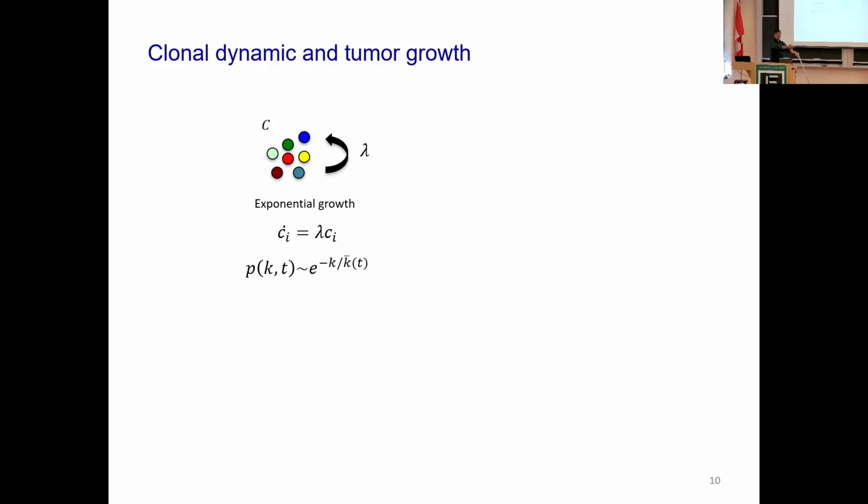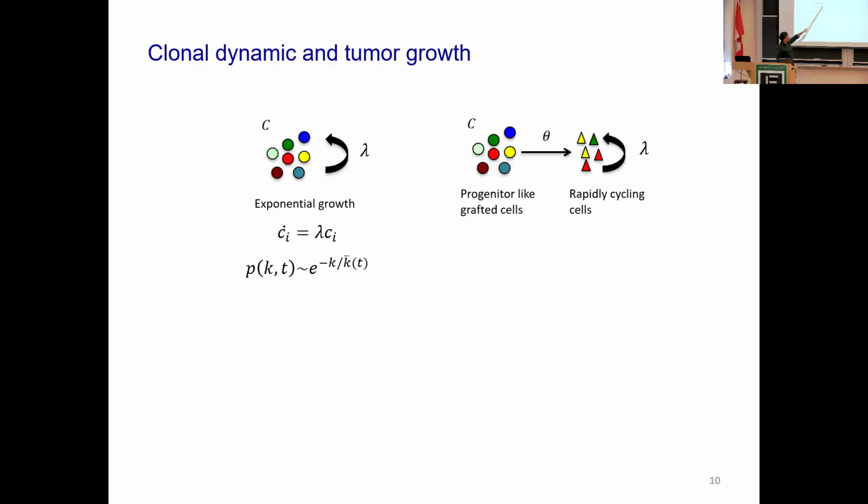Scale depends on when you're looking at it. Good. Now you can say, well, maybe tumors are a little bit more complicated than this. Maybe what you put in are some sort of progenitor-like cells. They transition into something, and then it grows. There could be multiple stages, but at least put in one stage and see what it does. And this model immediately gives you a gamma distribution.